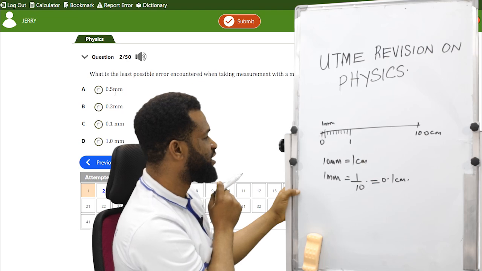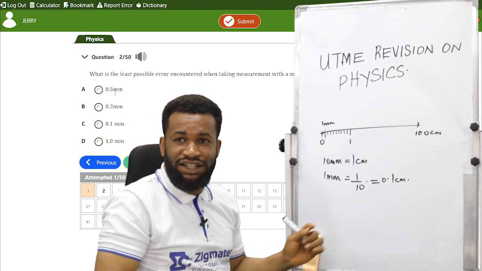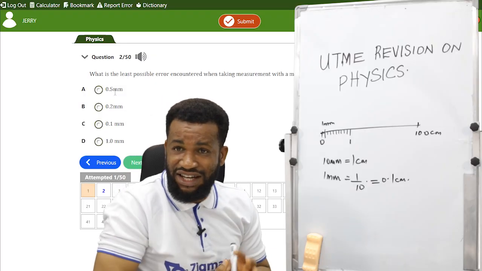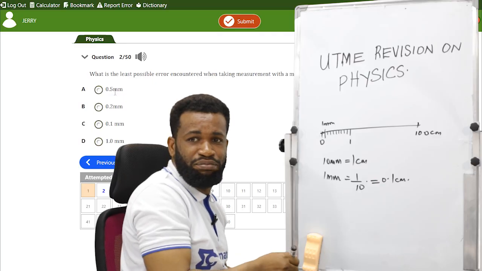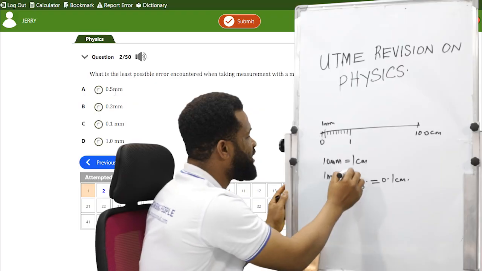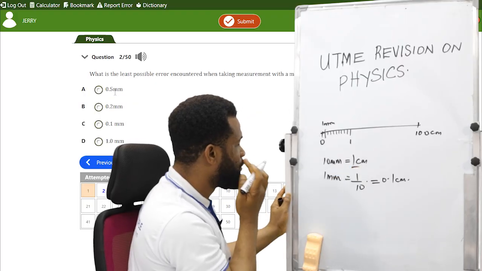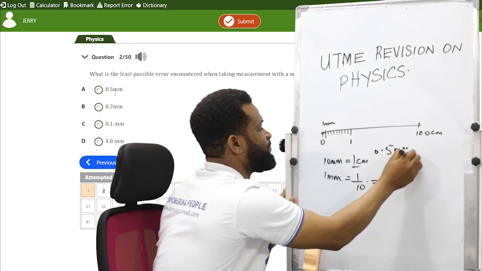So in order to get the uncertainty, or the least possible value, you have to divide it by 2, right? So when you divide this by 2, you now have 0.5 millimeter.